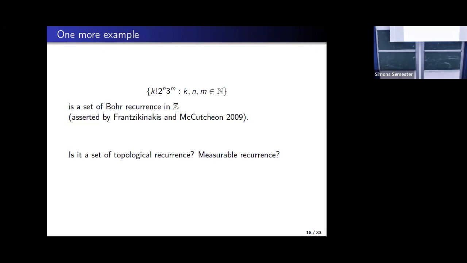Yeah, so Bohr recurrence, if you want to think of it in terms of difference sets: S is a set of Bohr recurrence if for every Bohr neighborhood of an integer, the difference set of that Bohr neighborhood intersects S. So the usual definition of Bohr recurrence is somehow the same as talking about difference sets, and it's just that difference sets are usually not mentioned in the definition because every Bohr neighborhood of 0 contains a difference set of a Bohr neighborhood.